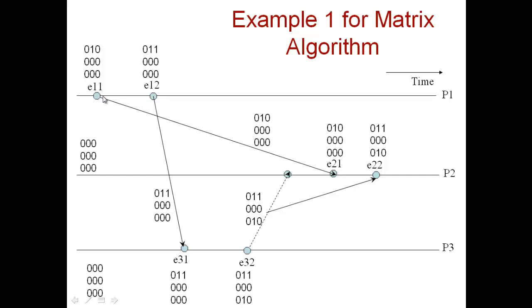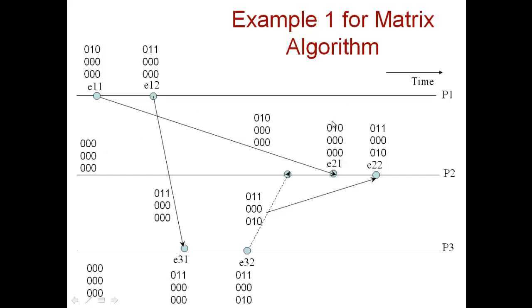So when this message with this timestamp comes to P2, it looks at this column, and only this entry is a 1, which indicates that this is the message sent by P1. So P2 goes ahead and accepts this message and takes the component-wise maximum of this one with this, so it gets this.